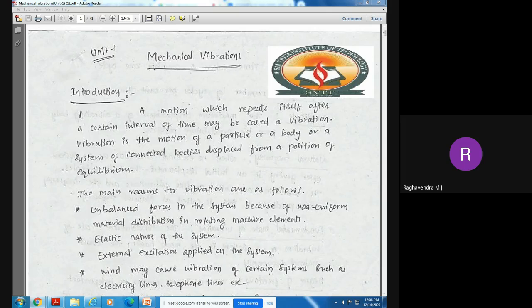Whenever you give some initial displacement and leave, it will oscillate on its own. For example, a pendulum: after giving the initial displacement, it will oscillate on its own about the fixed position or a mean position. This is called a free vibration.